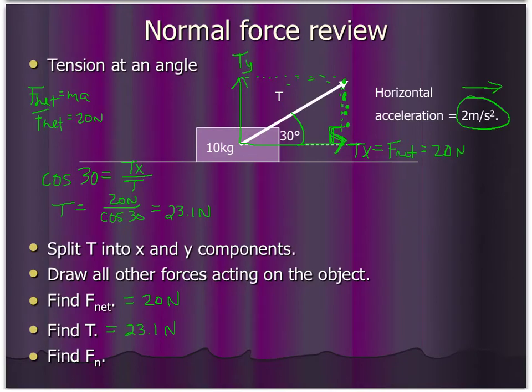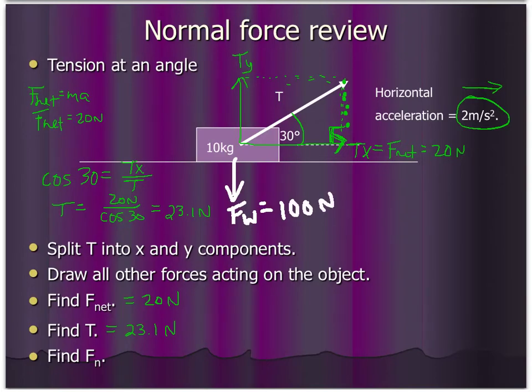Okay. Now, I know that this 10 kilogram block is going to have an FW that goes straight down, because gravity acts towards the center of the earth. And I know that FW is equal to mg, so a 10 kilogram mass times our value of g, 10, is going to give me an FW of 100 newtons.